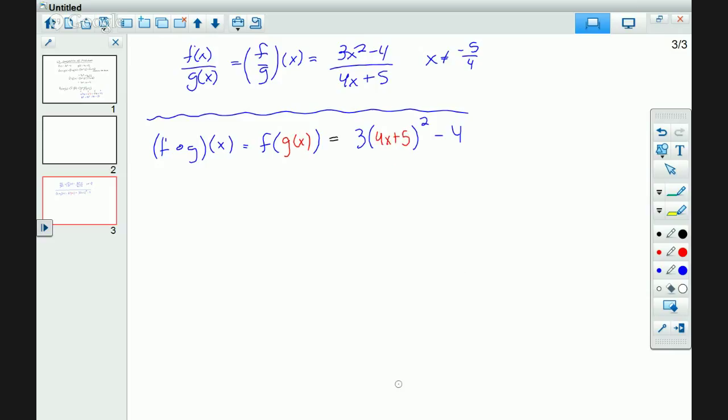Put g inside of x. And for x, substitute the number. And simplify.